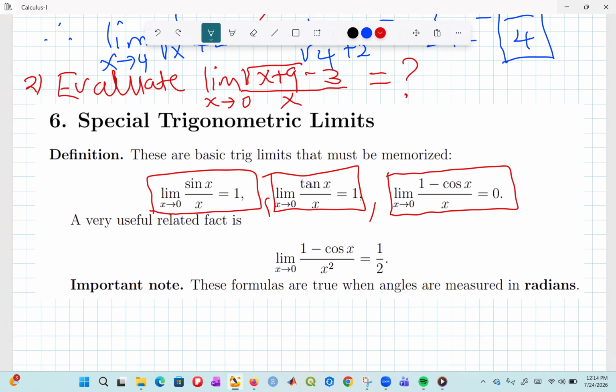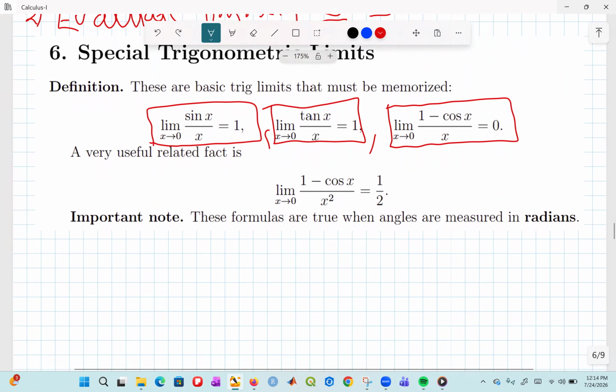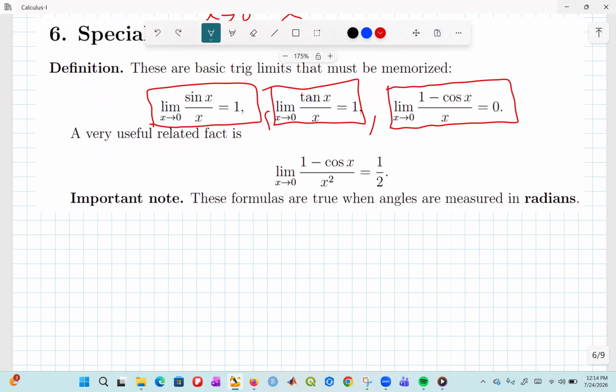Using derivatives, we can prove that the limit of sine x over x as x approaches 0 is 1, and similarly for the other two. Okay, these identities are valid only when the angles are measured in radians. It has to be in radians.